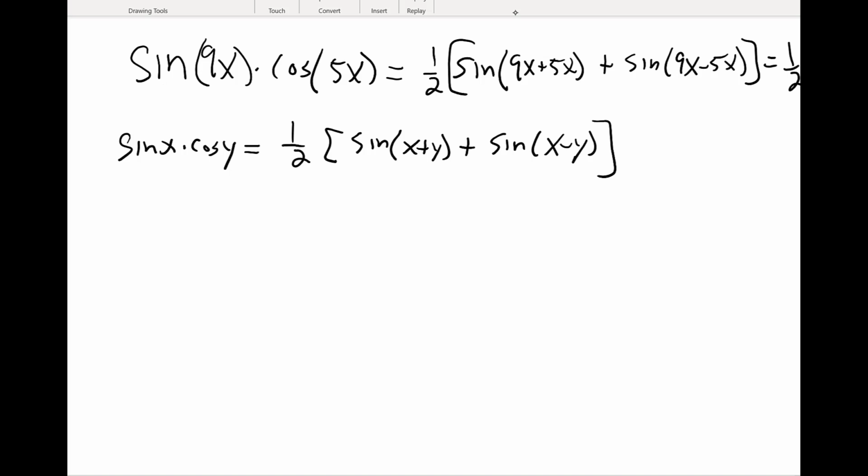Now let's try another one. What if we had sine of 35 degrees times cosine of 26 degrees plus cosine of 35 degrees times sine of 26 degrees? So what does this look like?